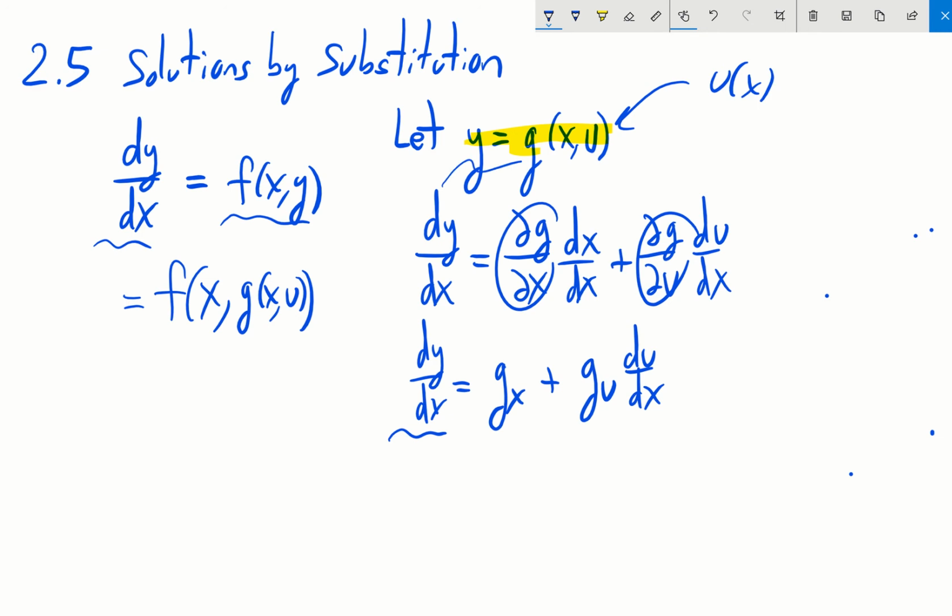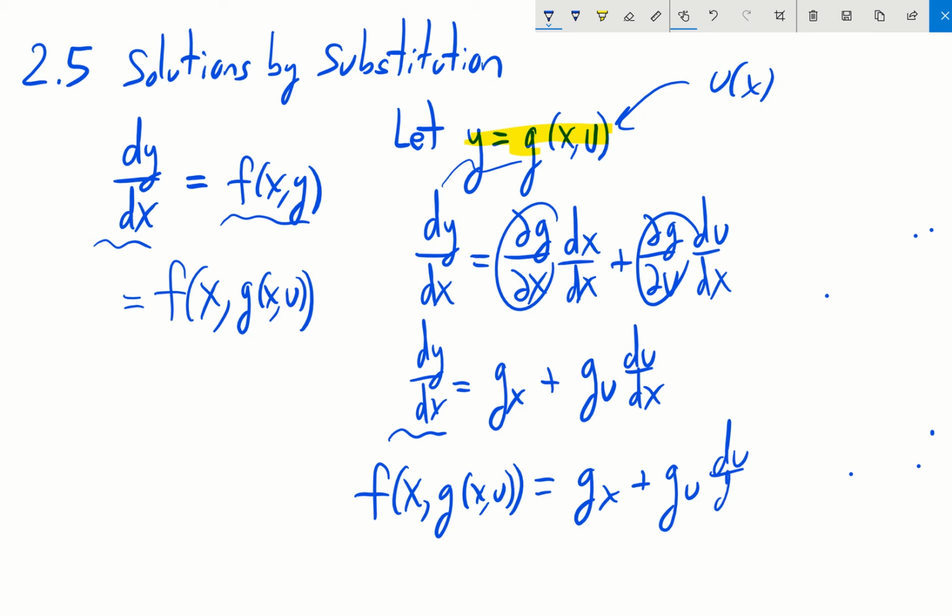So we're still thinking of y as a function of x, but of a particular form. So we have dy dx equal to f of x comma u. And if I plug this in down here, this is what we get. F of x comma g of x comma u is equal to g sub x plus g sub u du dx.